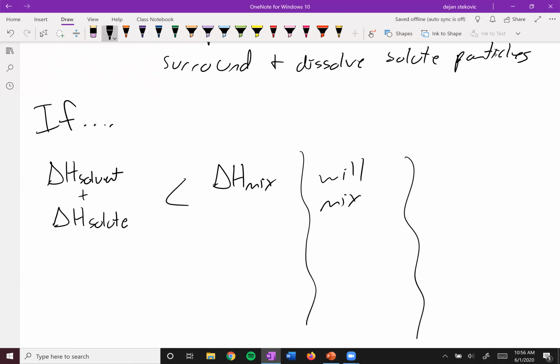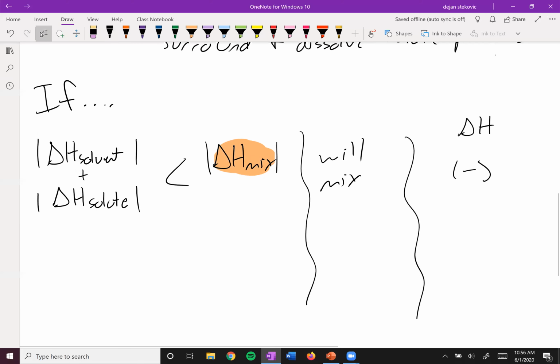And so here we'll have an overall delta H of a negative number, right? Technically this should be absolute values, right? So our new intermolecular forces are stronger than our previous intermolecular forces. And so that's going to be favorable for mixing, and we'll have an exothermic process here with a negative delta H.